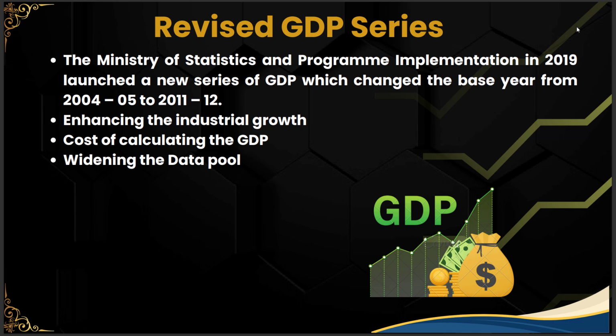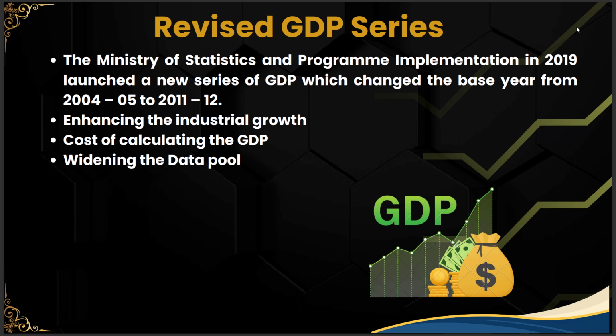So, widening of the data pool. See, the previous data of 2004-5 was sampled from the annual survey of industries, which comprised about 2 lakh factories. Okay, there were only 2 lakh factories, but the new database added around 5 lakh odd companies which were registered with the Ministry of Corporate Affairs.